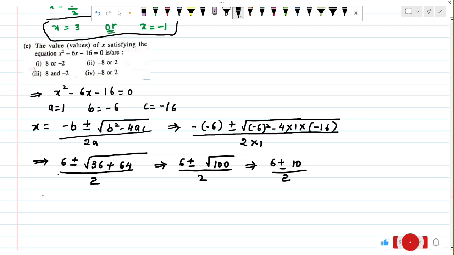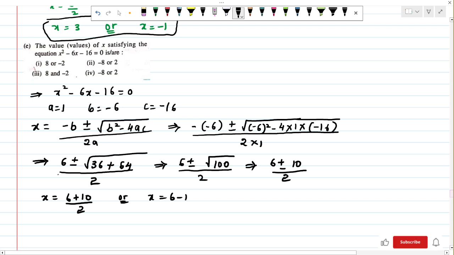So again there are two possibilities, that is x is equal to 6 plus 10 divided by 2, or x is equal to 6 minus 10 divided by 2. So if I simplify this, x is equal to 16 divided by 2, or x is equal to minus 4 divided by 2.